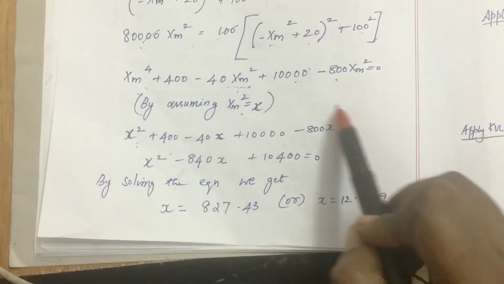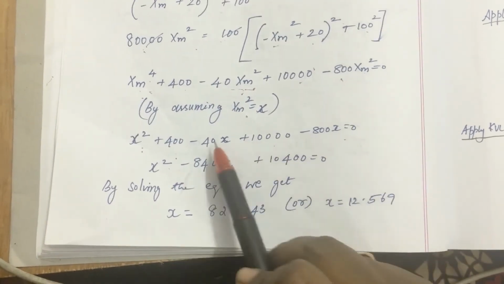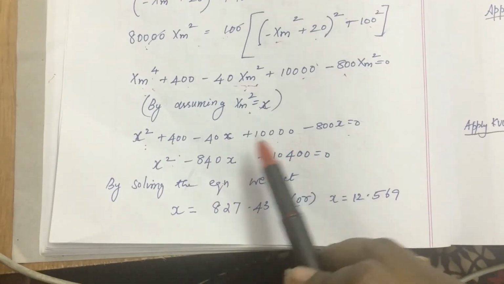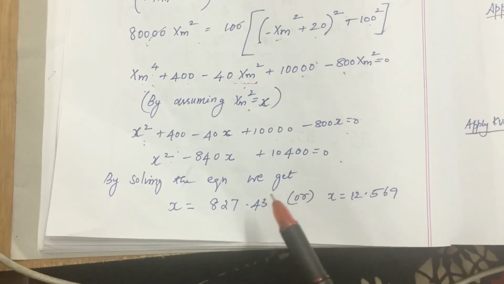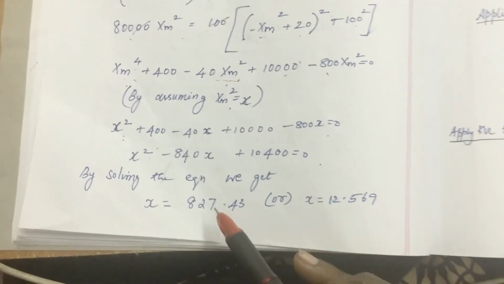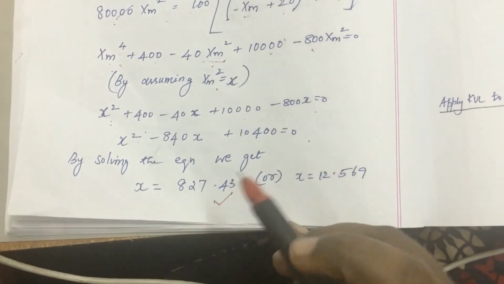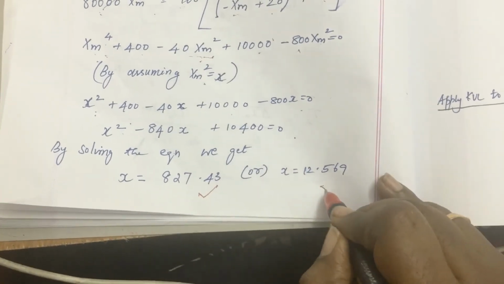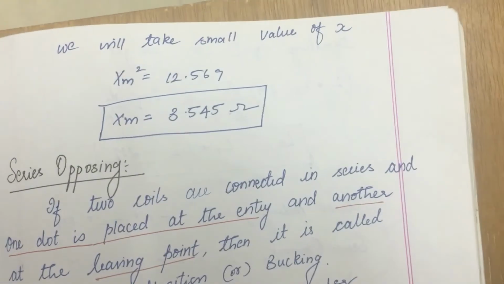Rewriting this equation by adding terms: x square minus 840x plus 10,400 is equal to 0. By solving the equation in the calculator, we have got the values x is equal to 827.43 or x is equal to 12.569. Now we'll assume the smallest value of x.